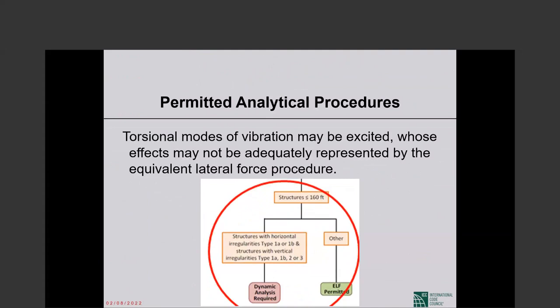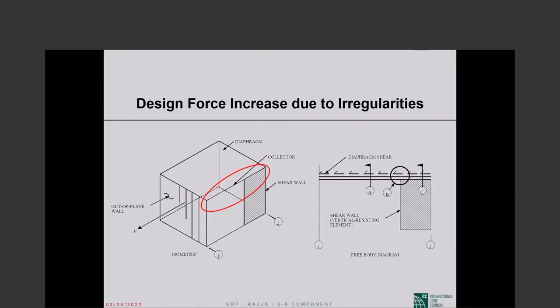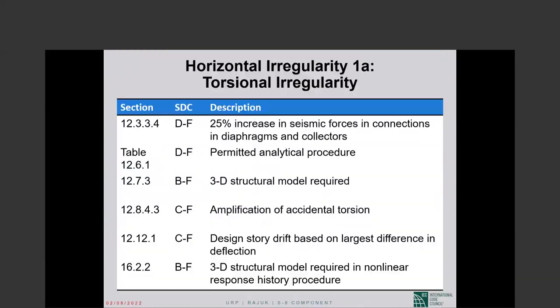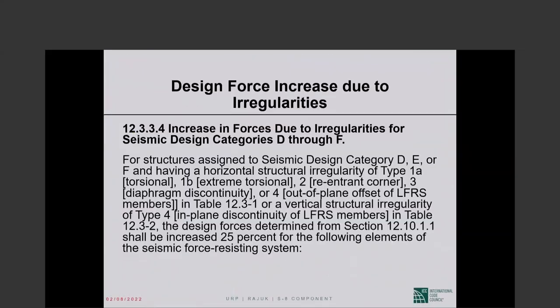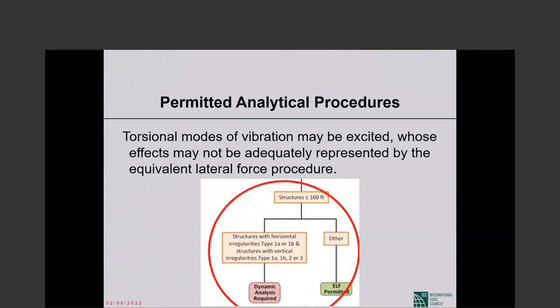Okay. Second thing you have to look at, if you go back to the table, and I won't go back every time, but first time. The next thing you have to look at is table 12.6-1, which is the permitted analytical procedures. Okay. We went over that yesterday.